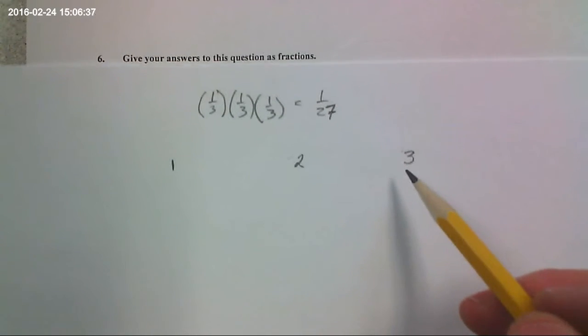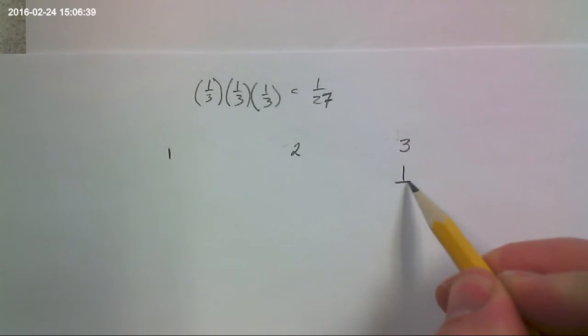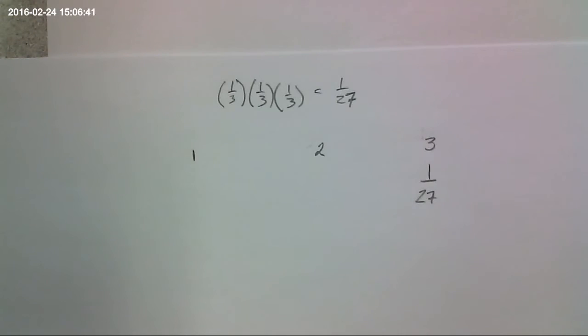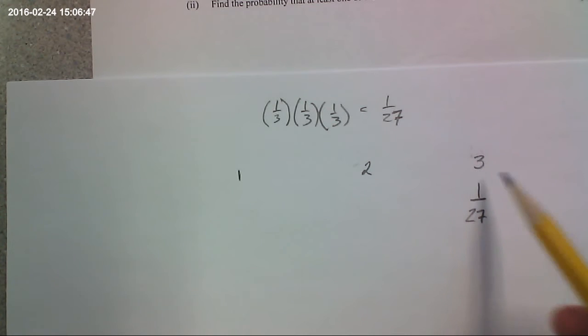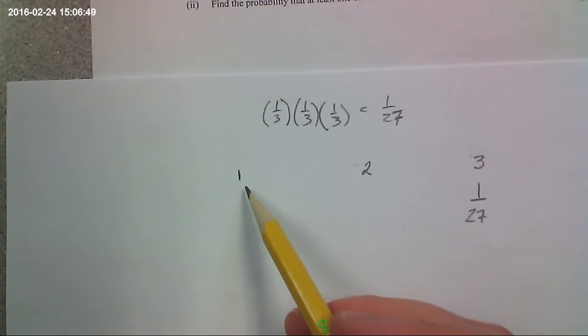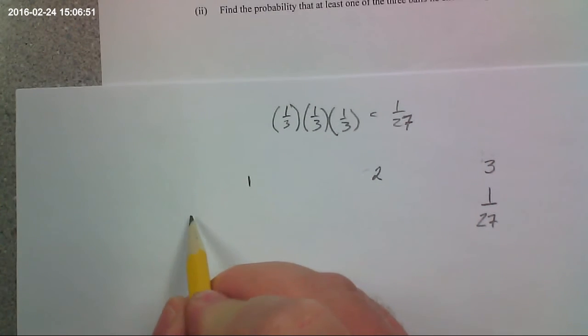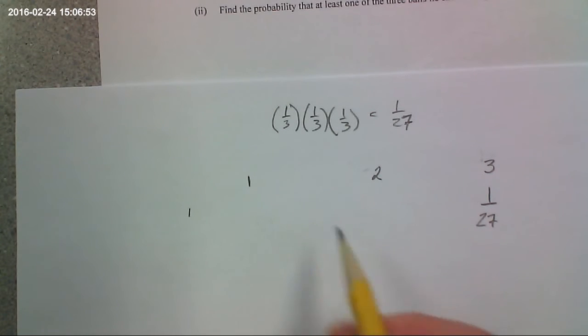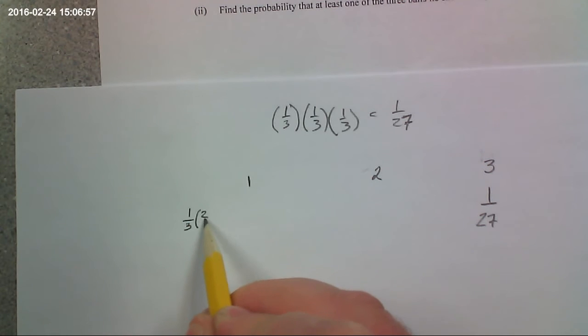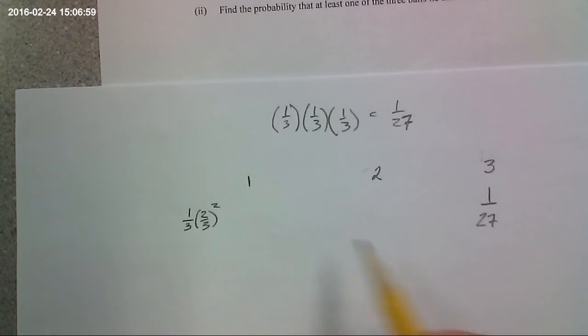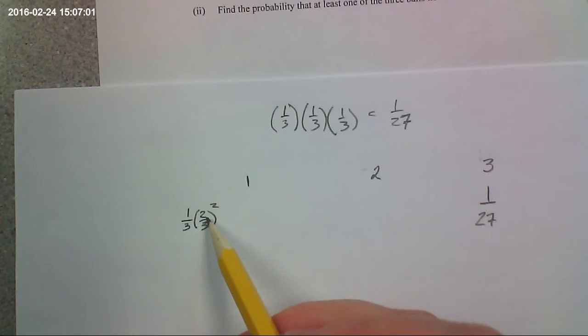We already know the probability of her hitting it 3 times is 1/27. Now, the probability that she hits the target at least once. Sorry, I might have misspoke. Look, she could hit it on her first try, which would be 1/3 times 2/3 squared. The reason it's 2/3 squared is because there are 2 other throws.